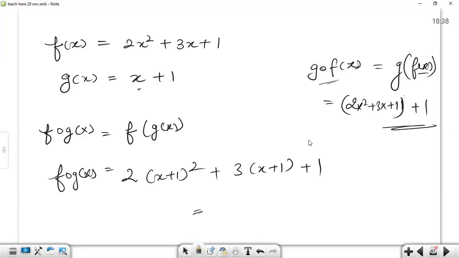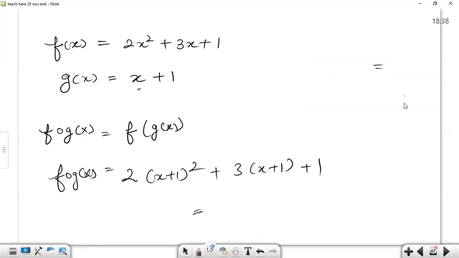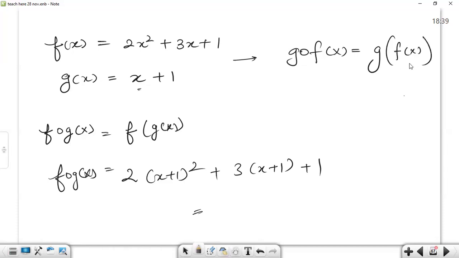Clear? I couldn't understand the g of f of x, sir. Okay. It's confusing to narrate, not to solve. So g of x is x plus 1. For writing g of f of x, we'll simply replace x with f of x.